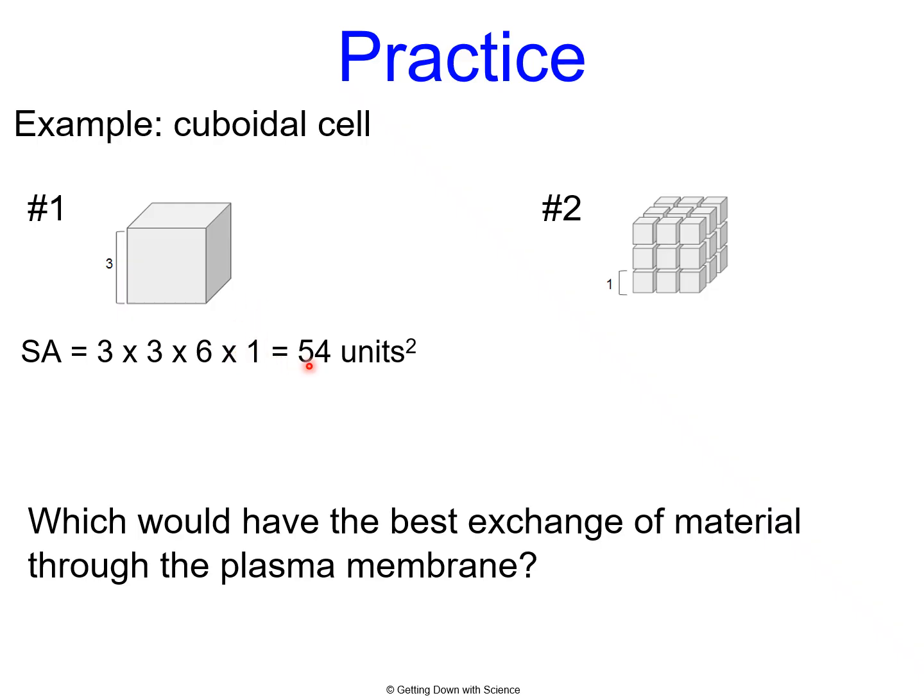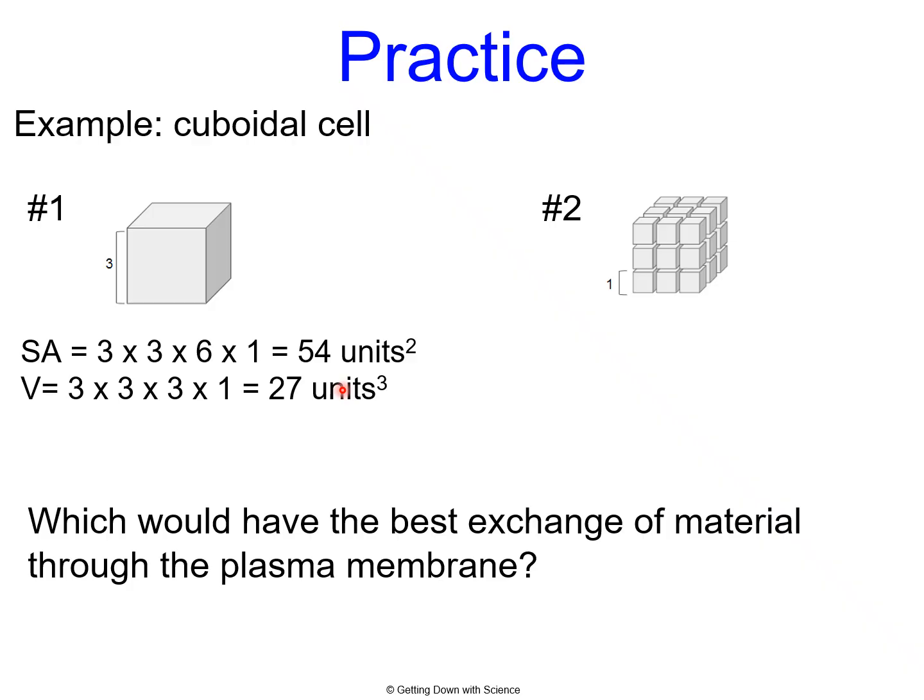And that gives us 54 units squared. The volume is the height times the width times the length times the number of boxes. So we have one box here, so our volume works out to be 27 units cubed.